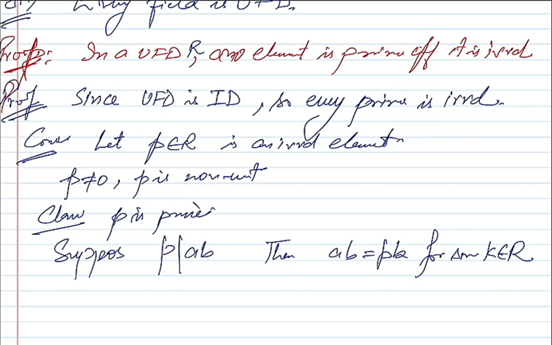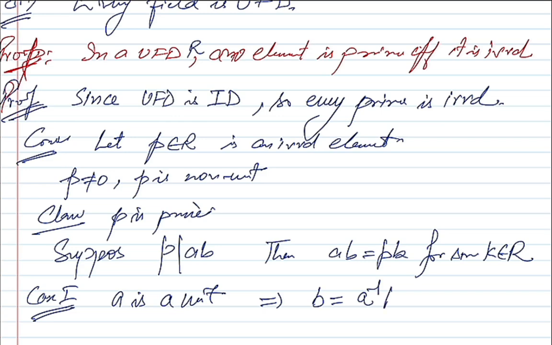So there are a few cases, let me explain. Case 1: if A is a unit, then B can be written as A inverse PK.